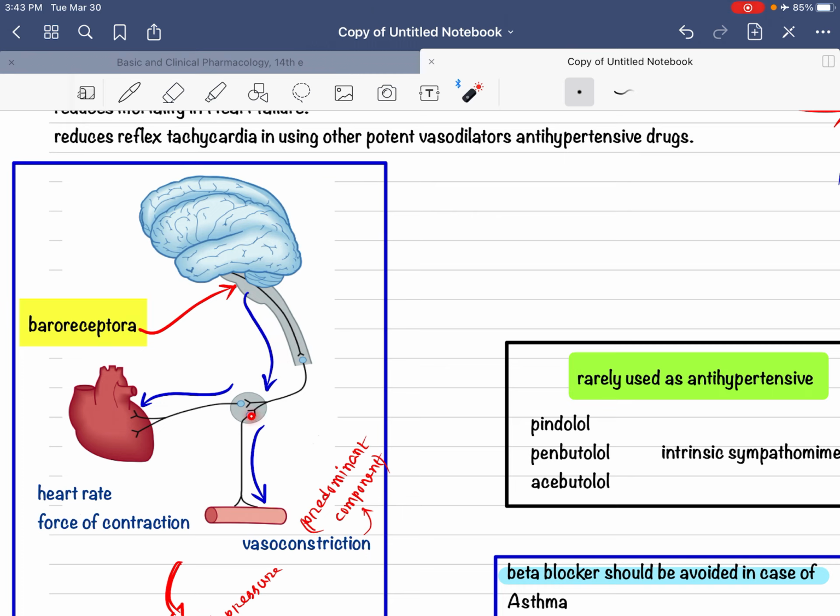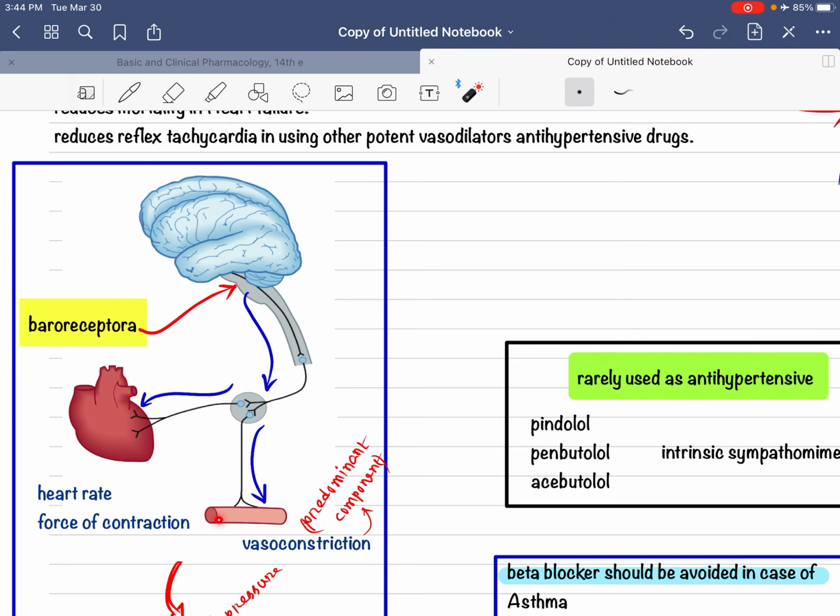Then from the sympathetic ganglia, some efferent signals go to the blood vessels and some efferent signals go to the heart. The signals which go to the heart increase the heart rate and increase the force of contraction, and those signals going to the blood vessels cause vasoconstriction via alpha 1 receptors located on blood vessels. And by these two effector organs, the heart and the blood vessels, your baroreceptor reflex increases your blood pressure.